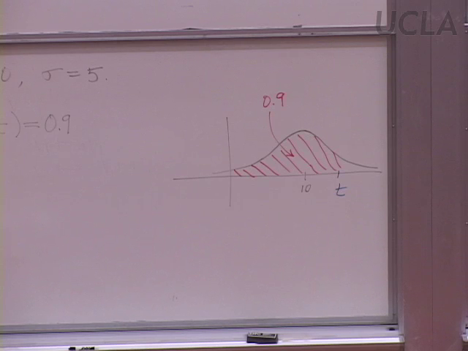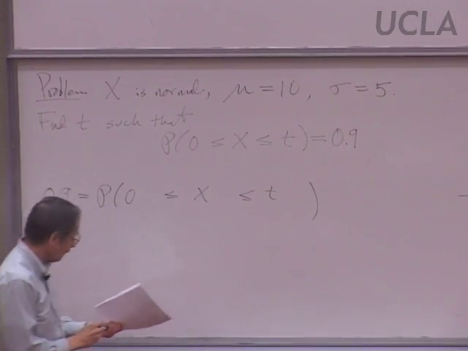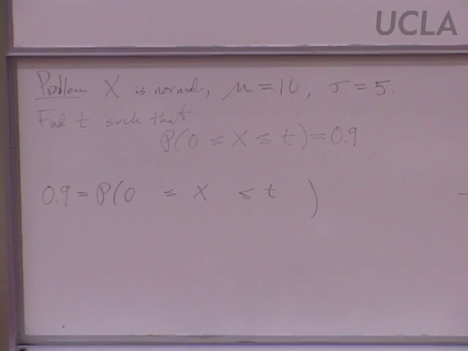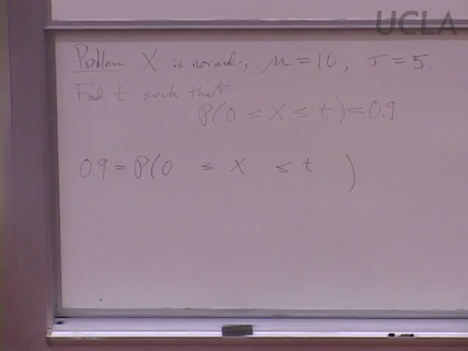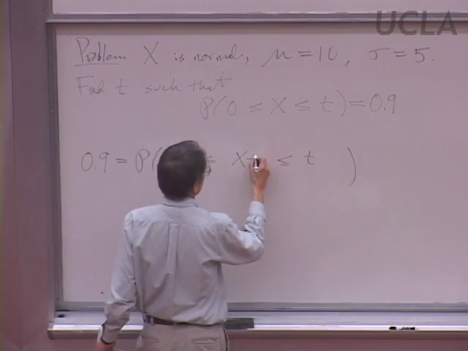On to step 1. We need to follow our usual procedure. That is, we standardize this normally distributed variable, and we look up the numbers in the table. This probability has to be 0.9. So to standardize, we subtract the mean throughout. The mean is 10, so we'll subtract 10.